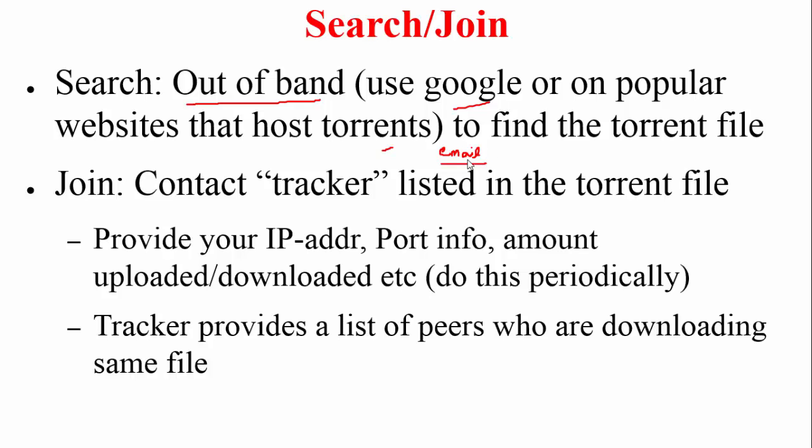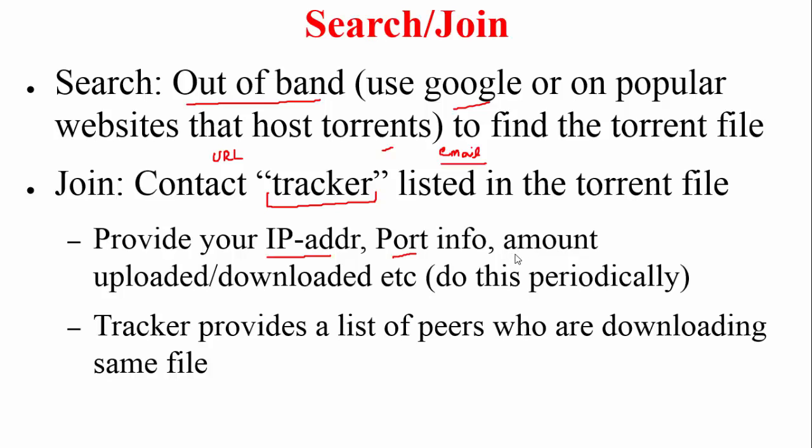That is also feasible. So once a user gets a torrent file, he is going to join the swarm based on the torrent file. As I mentioned, the torrent file has the URL of a tracker. So this user who wants to join a swarm is going to contact the tracker that is listed in the torrent file. And as part of this contact, the user is going to specify the IP address and port information.